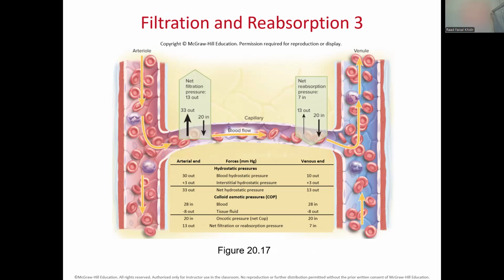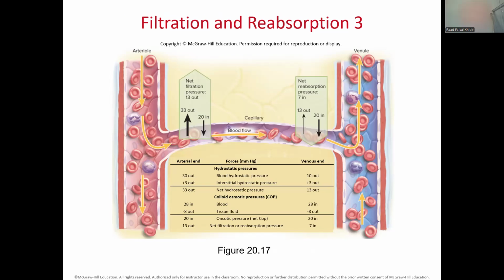Once you go to the vein, there is a reabsorption pressure where 20 is going to move in and 13 is going to move out, but there is a net difference of all the toxins moving out. So at the arterial end, there is a filtration arrow pointing to the tissue. But at the venous end, there is an arrow pointing away from the tissue into the venous circulation. We're heading back. That clear?